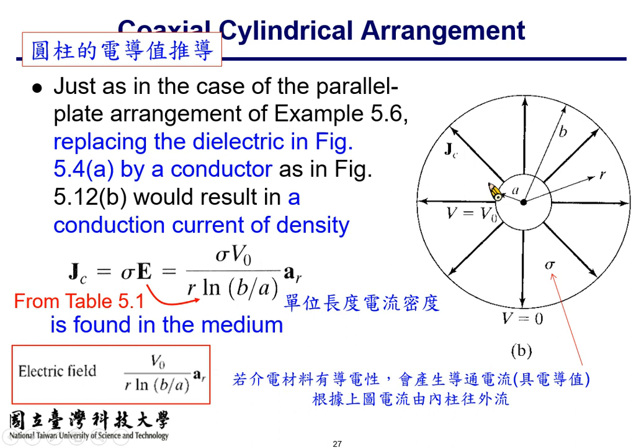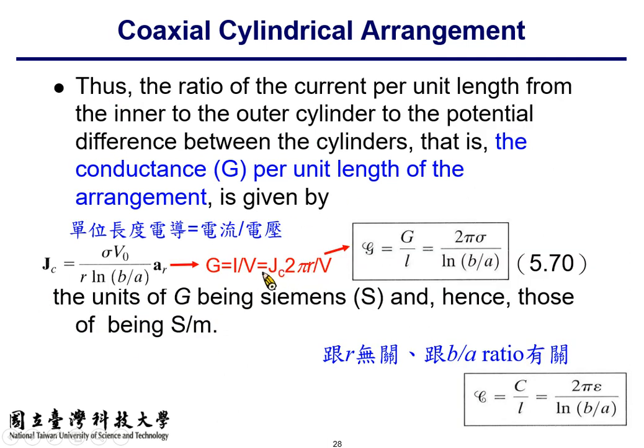The total current will be J_C times 2 pi A or 2 pi B. Okay. The total current will be J_C times 2 pi R. Okay, J_C times 2 pi R. And total current divided by V is your conductance.